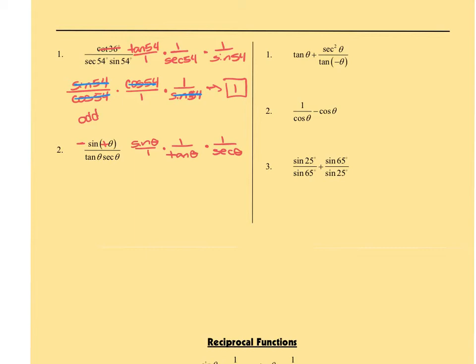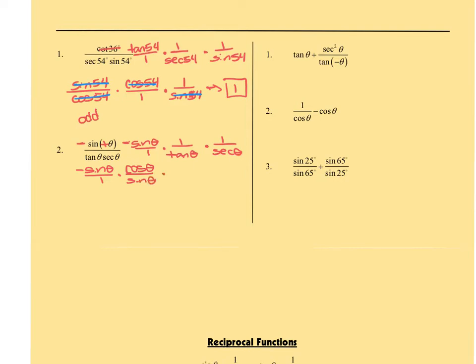Now I can start rewriting in terms of sine and cosine. Oh, lost my negative there. Then I'll have my negative sine theta over 1. 1 over tangent, that's my second term. 1 over tangent is cotangent, and cotangent is cosine over sine. Cosine theta over sine theta.